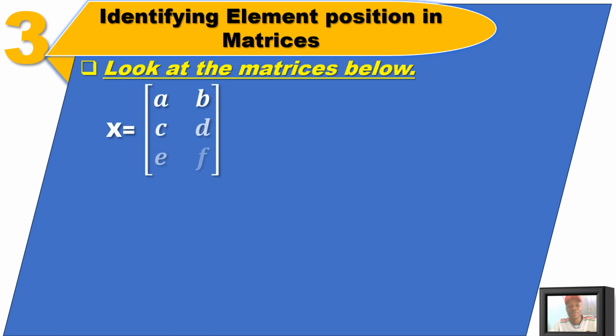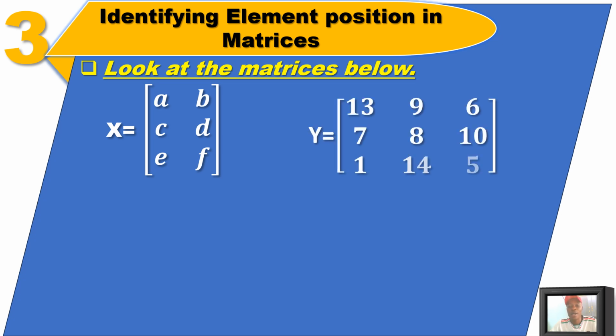Look at these ones. We have matrix X with elements A, B, C, D, E, and F. The second one is Y, having numbers, but they are elements: 13, 9, 6, 7, 8, 10, 1, 14, and 5.